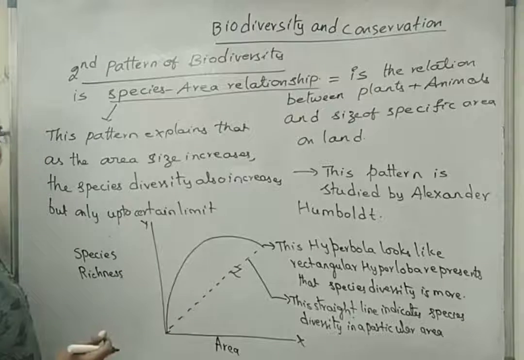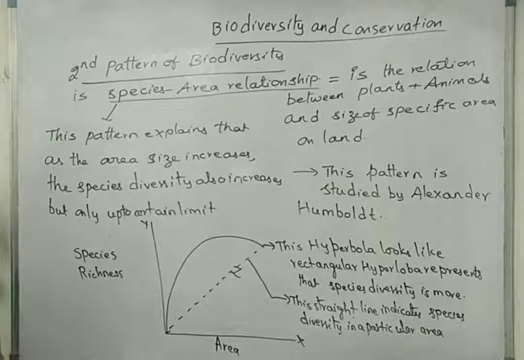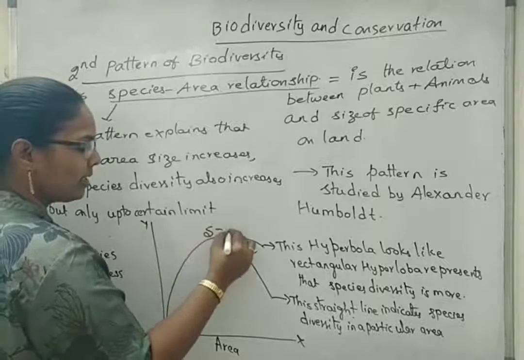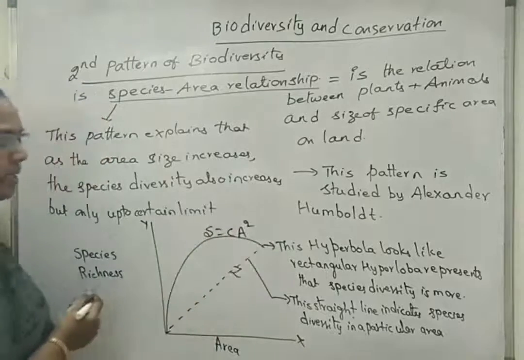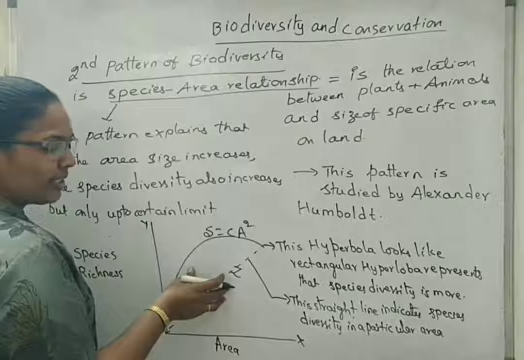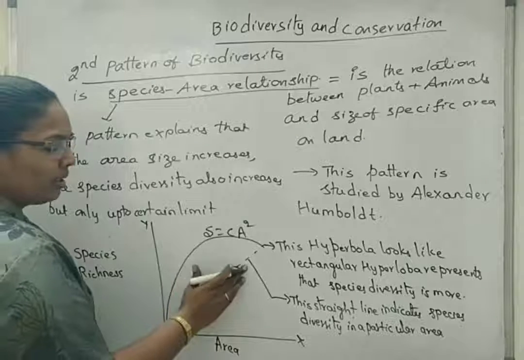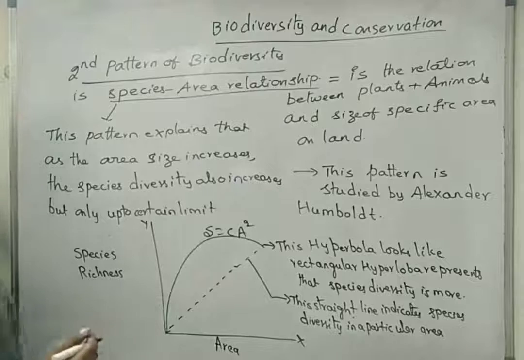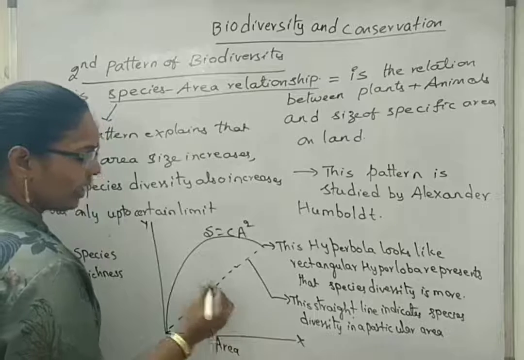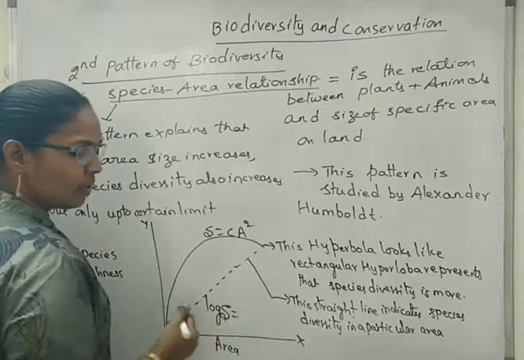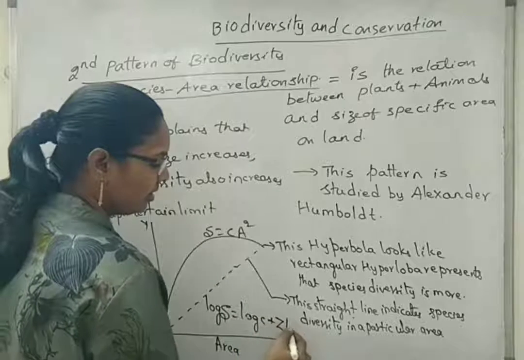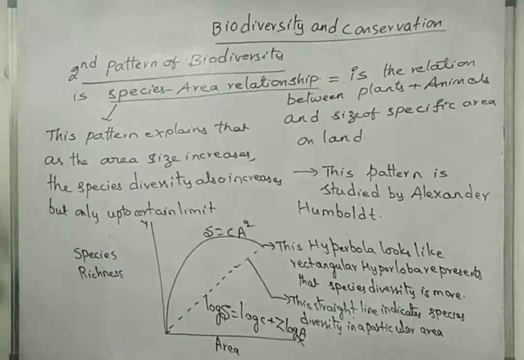But this rectangular hyperbola is given with a special type of equation, S = C A^Z. This straight line, which indicates the species diversity in one particular area, gives more explanation about Z, which is considered as the species richness. Here we can frame one equation given by Alexander Humboldt, that is log S = log C + Z log A. What is this?